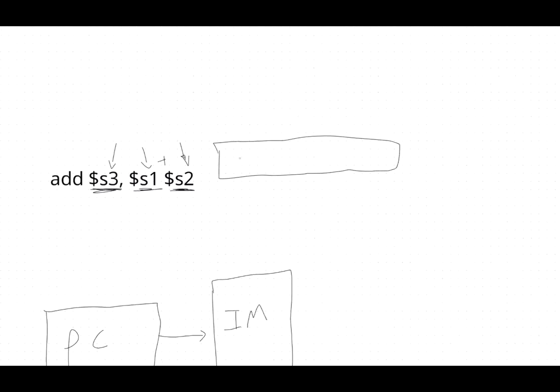So of course with the R type, first of all, let me do this. Every instruction, this is very important, every instruction is 32 bits. Okay? 32 bits.